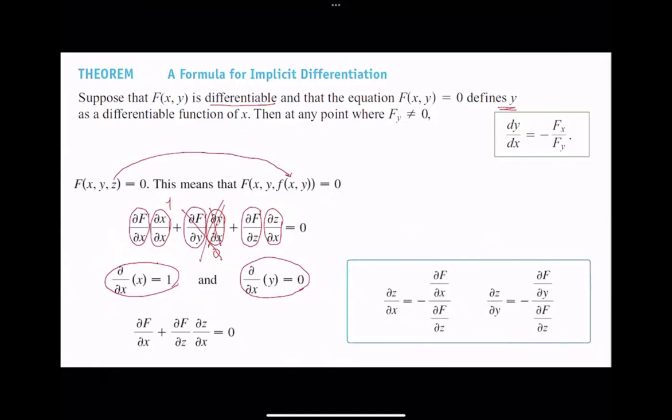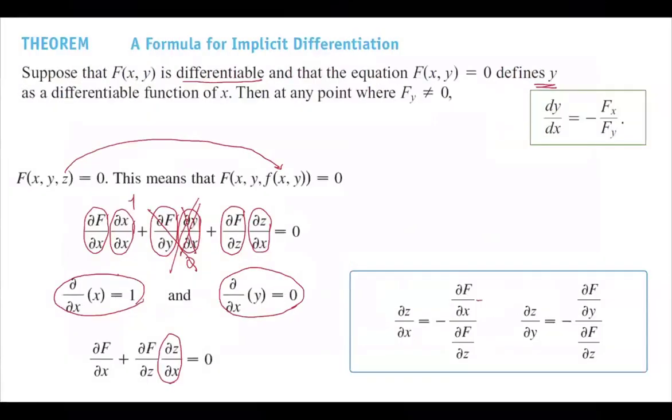The partial derivative of z with respect to x, you can isolate on one side. On the right-hand side, you get negative partial derivative of f with respect to x, divided by partial derivative of f with respect to z.